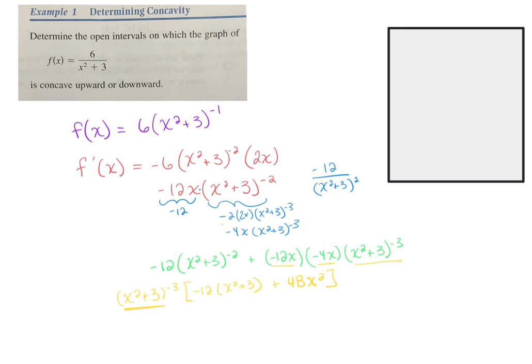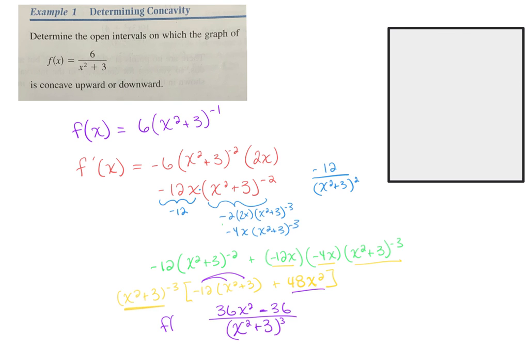This guy's going to go in the denominator, yes, because he's a negative. So that's going to go in the denominator, (x squared plus 3) to the positive 3 in the denominator. In the numerator, I have negative 12x squared and positive 48x squared. That is 36x squared. And the negative 12 times 3 is negative 36. All right?